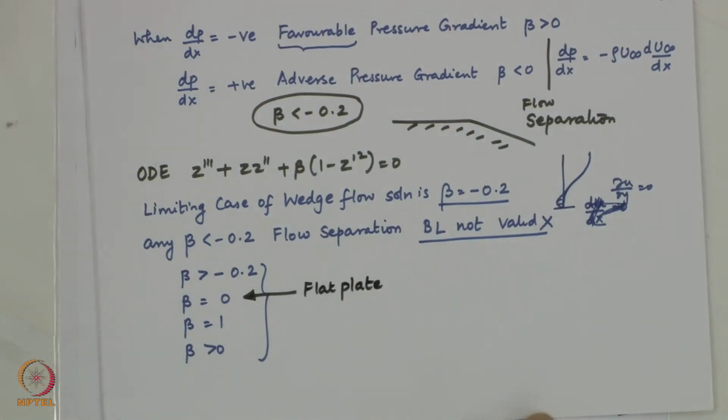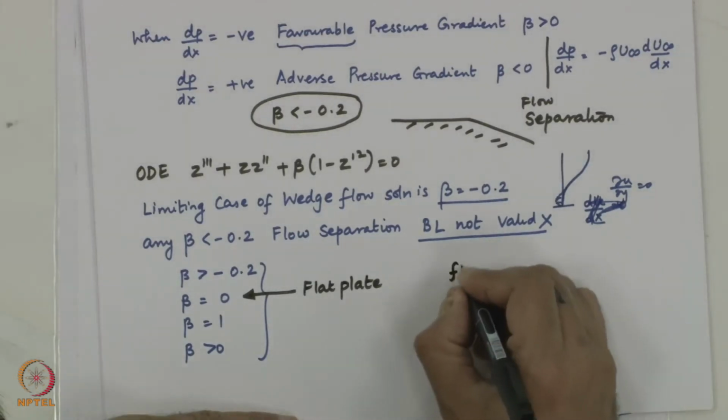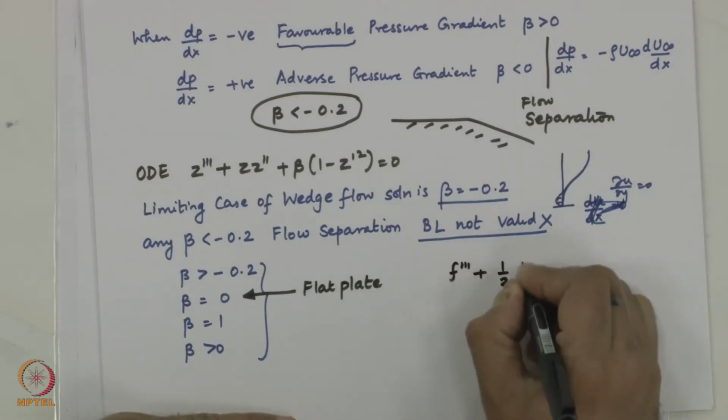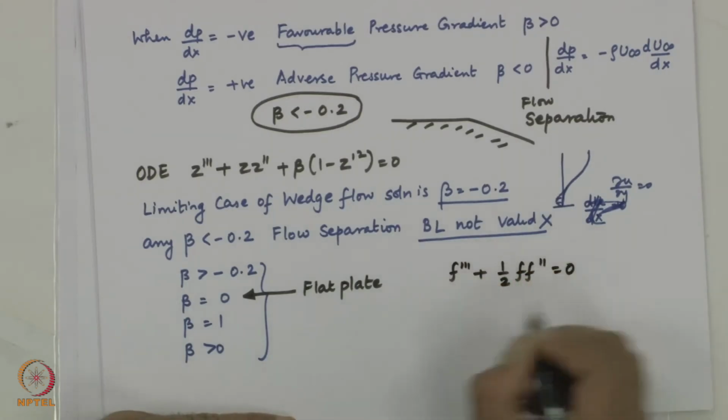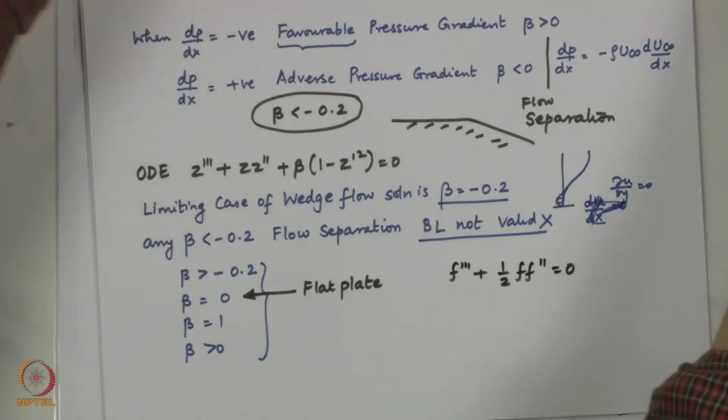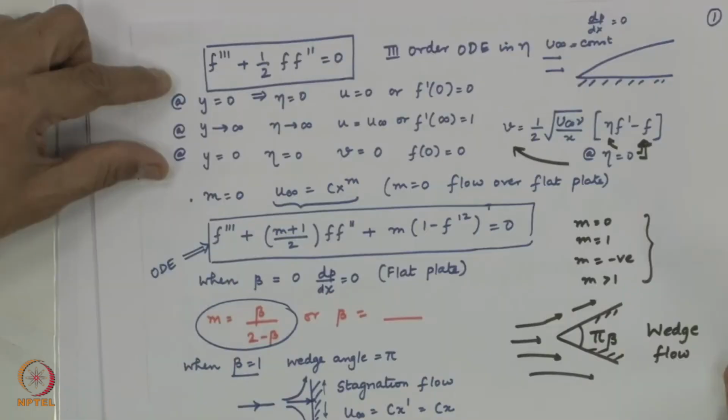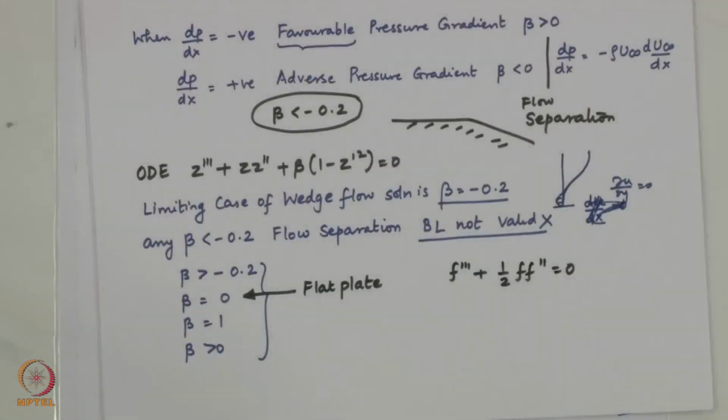And when I do this flat plate business, if I go on to write the solution, f triple prime plus 1 half f f double prime equal to 0, subjected to the boundary conditions that I just mentioned to you. This is given in most undergraduate textbooks, and is called the Blasius solution.